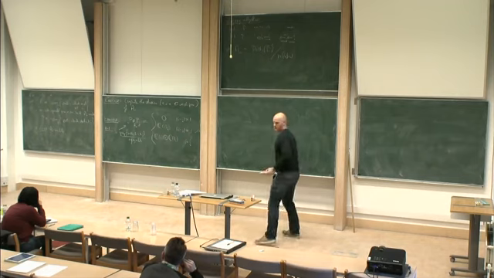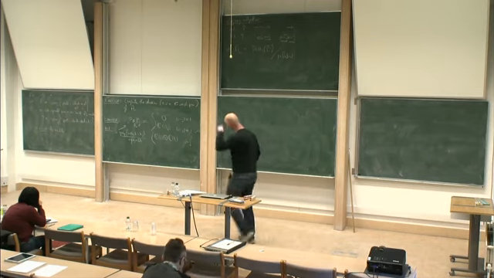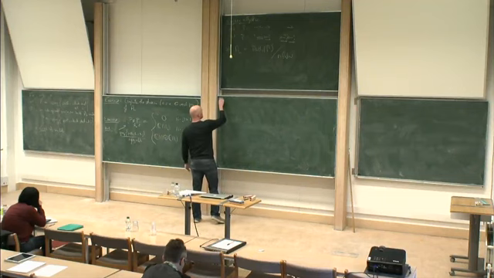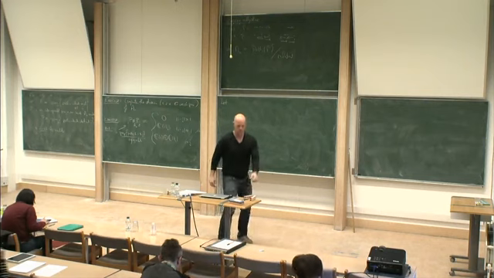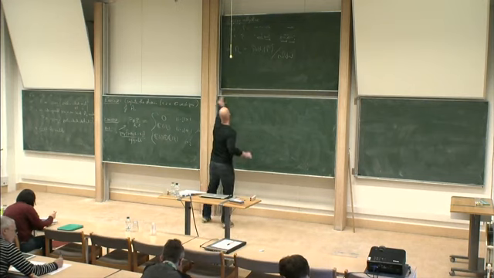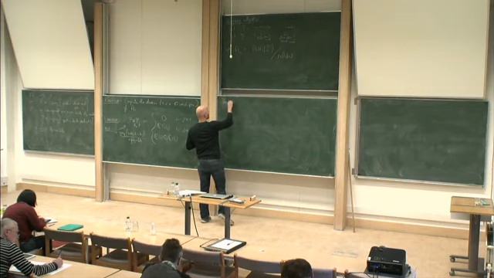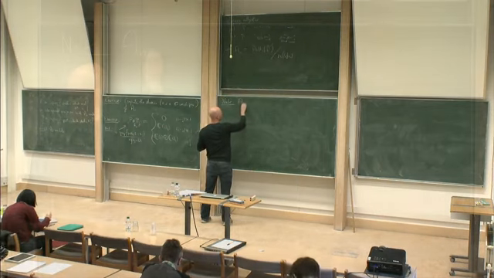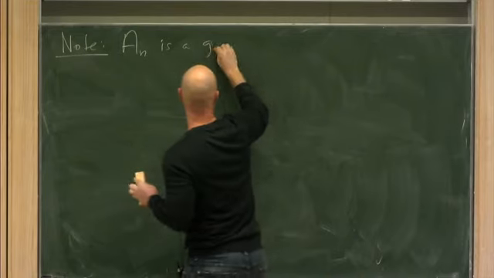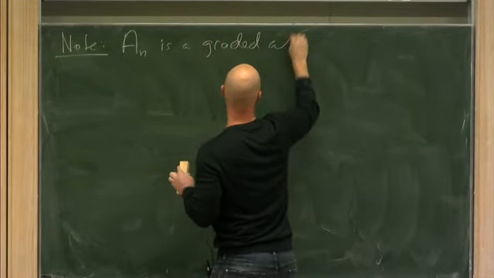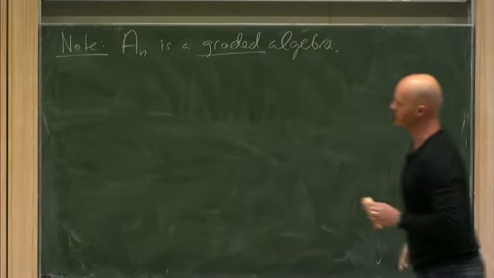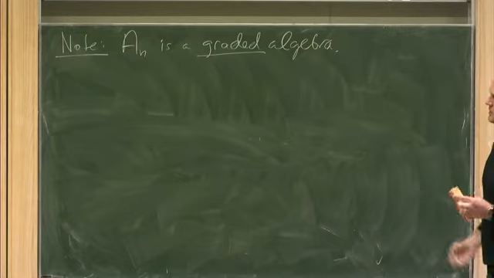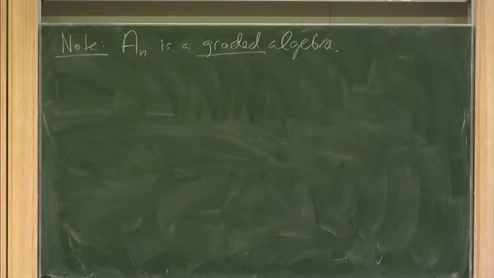So one more important player. Maybe one more remark. So note, this is a non-negatively graded algebra. Actually, it has a lot of interesting gradings, but there's one obvious grading. So what is the obvious non-trivial grading on the zigzag algebra?